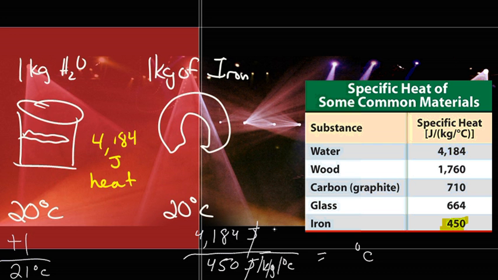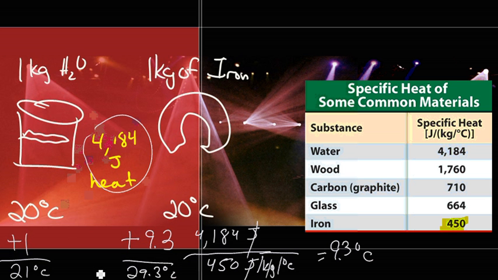That's the increase. So over here, we're going to increase by 9.3, so 29.3 degrees Celsius. If we apply this much heat to both these substances, iron increases a lot more than the water because iron has a lower specific heat.